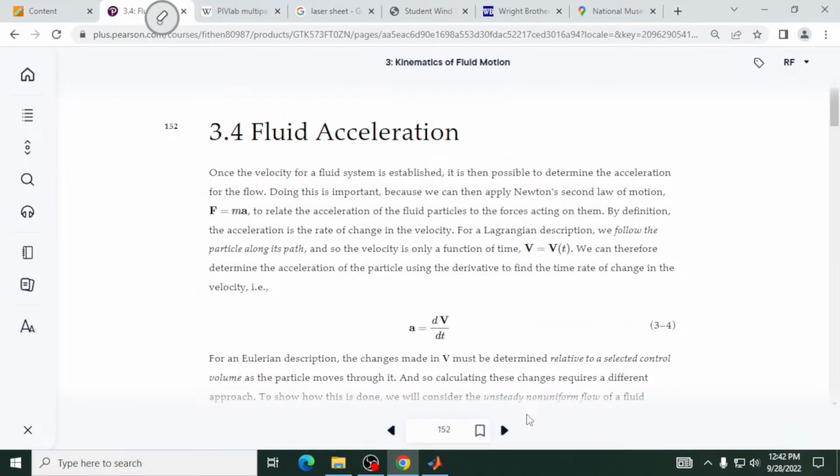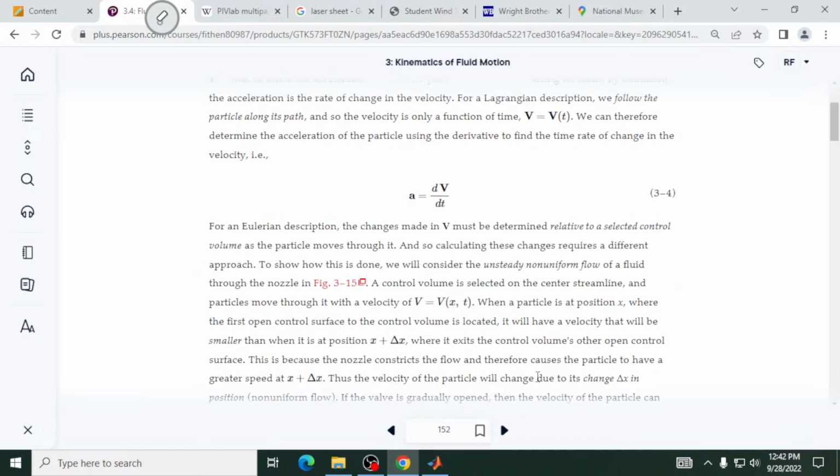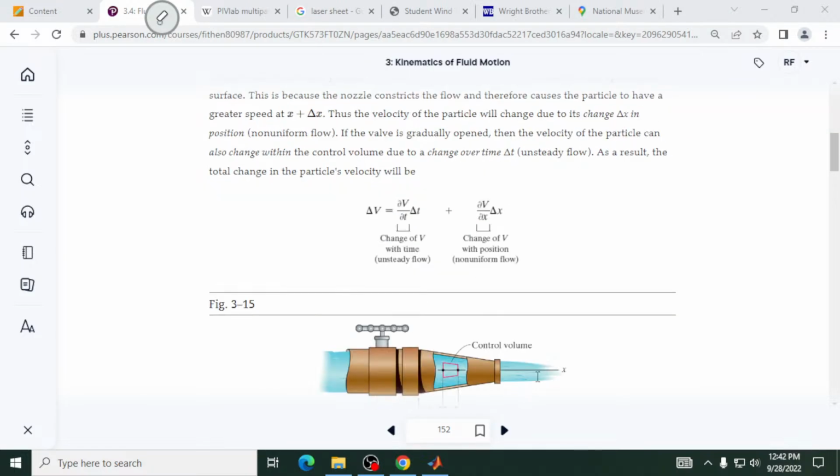Okay, so fluid acceleration. Here's your change in velocity with respect to time. And now you have an acceleration that comes from the unsteady, but you also have a change in velocity that can occur with a position. And that's what I was talking about before.